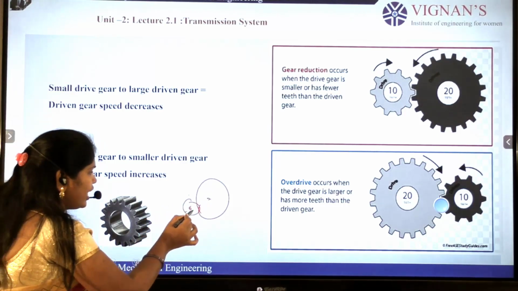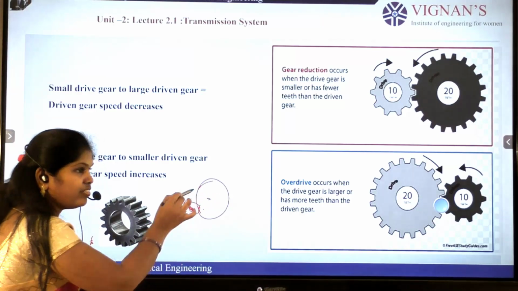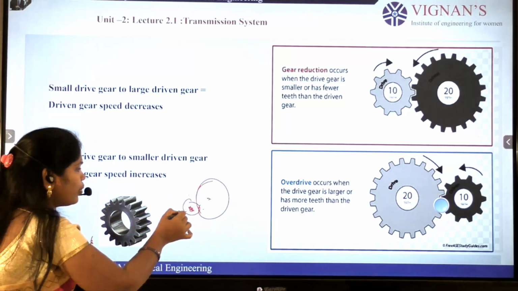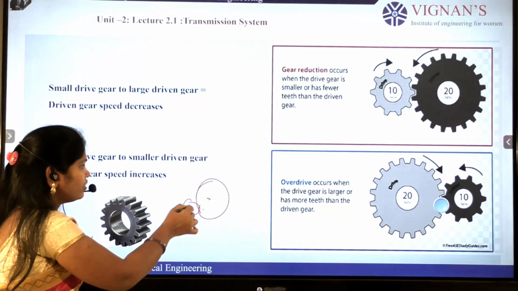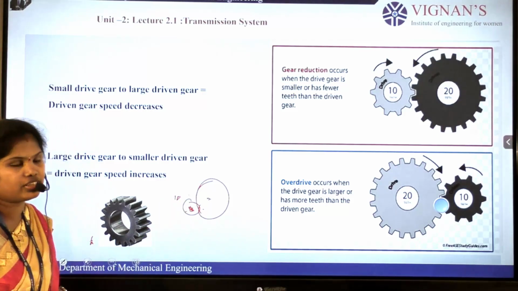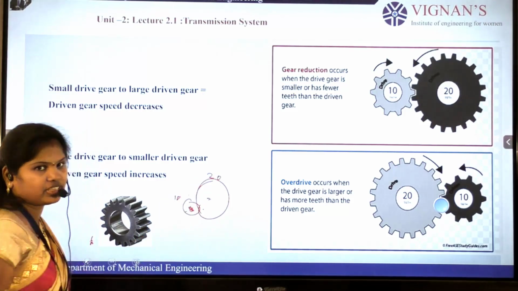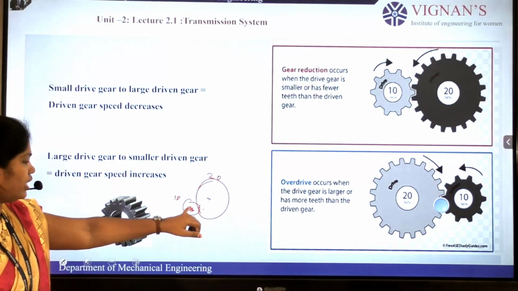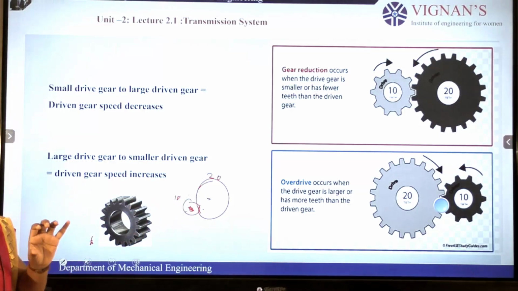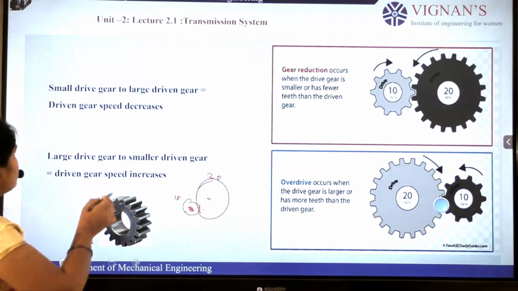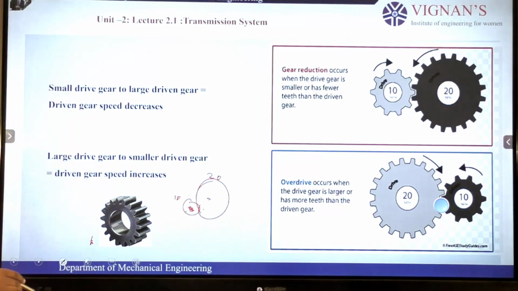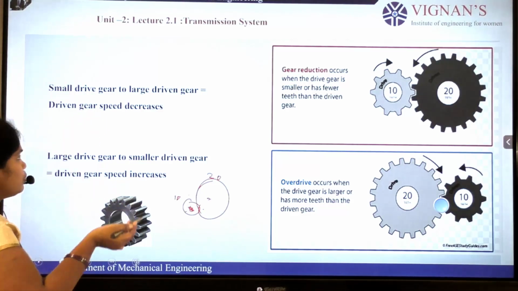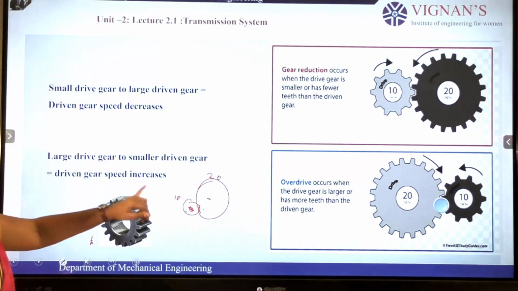With the help of the driver gear, the driven gear will rotate. Here we have a number of teeth. Let us take 10 teeth here and 20 teeth here. The drive gear is the initial input that rotates the driven gear. With a smaller drive gear and a larger driven gear, the driven gear speed is decreased.